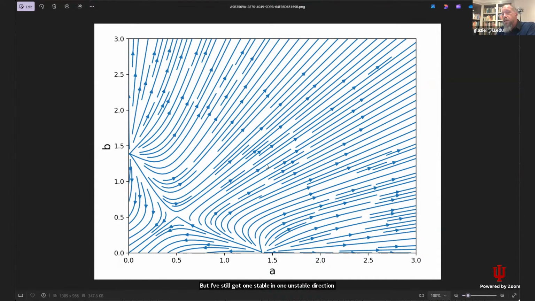So if I start with A and B large, everything goes to infinity. If I start with A and B below this curve that connects the former stable fixed points, things go to minus infinity. So the time reverse system has no stable fixed points.